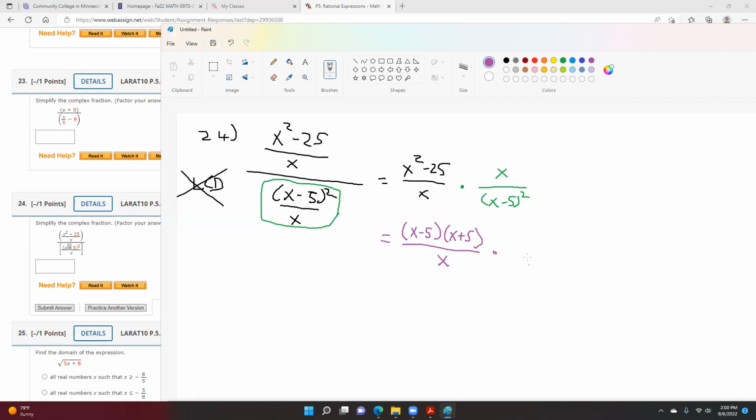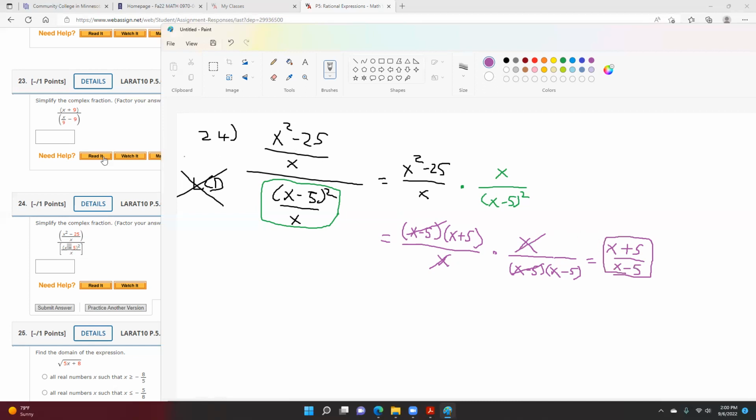This x is still x, cannot be factored. And this one will become x minus 5 and x minus 5, because squared means you just duplicate that twice. So now we can cancel. The x minus 5 can be canceled with one of these. The x can be canceled. So the leftover is your answer: x plus 5 over x minus 5. So this is your answer in this case.